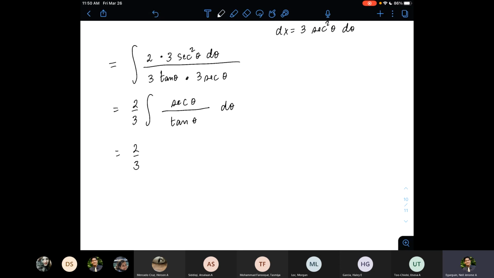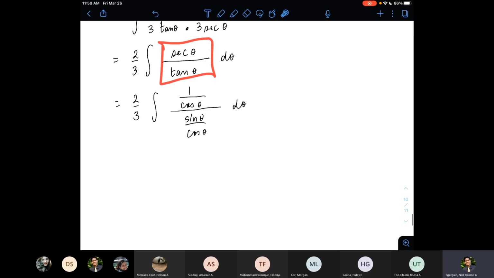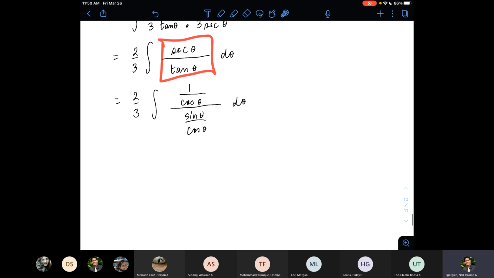Now, whenever you get stuck at this point, try to go back to basics. Try to write everything in terms of sines and cosines, because there is no method from section 8 of chapter 8 that tells us how to integrate something of this form. So go back to basics, use the identities involving sines and cosines to see if this simplifies.